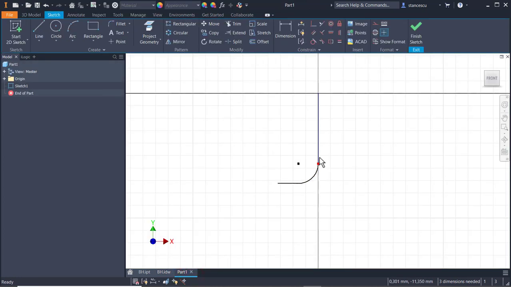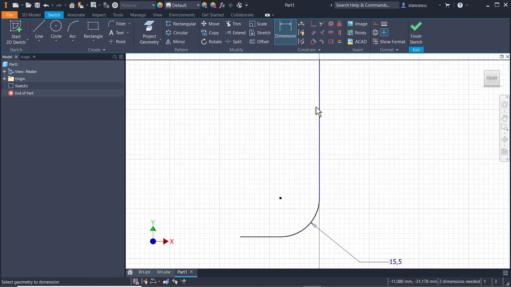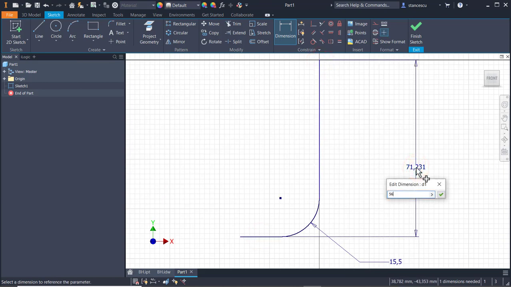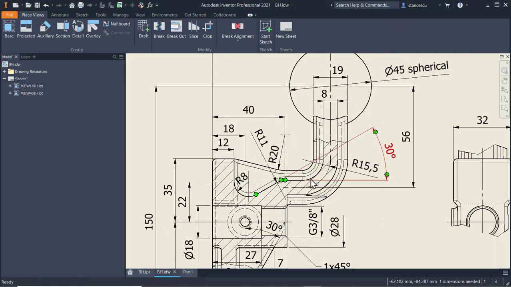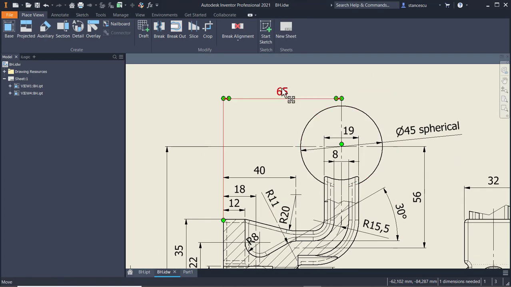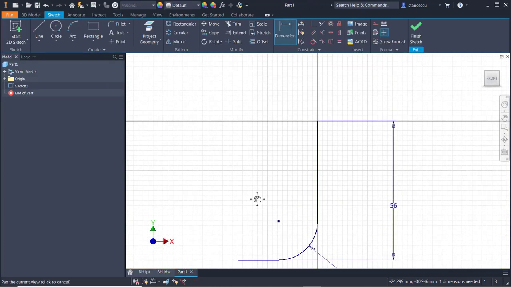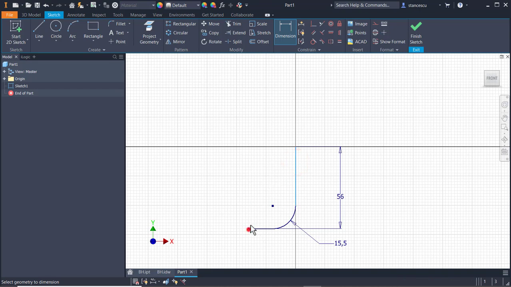So dimension 15.5, home, everything is scaled, 56 here, and there is another dimension where this midline or center line finishes, here on this vertical, which is 65 minus 40 from the center point to this point. (65 minus 40).